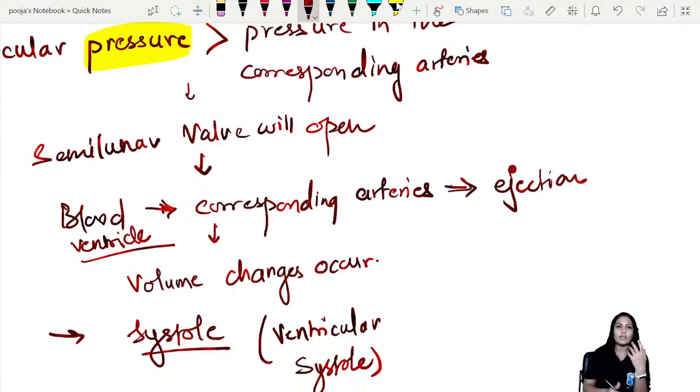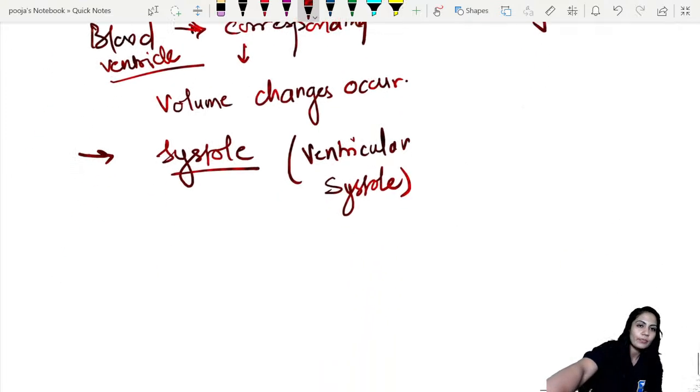If you take a pipeline and forcefully release water from it, we say the water is ejecting out of the pipeline. Similarly, the blood volume is ejecting from the ventricles into the arteries, and that's why we call it ejection. So the words systole or ejection mean ventricular systole and ejection, which happen once the pressure changes have taken place.